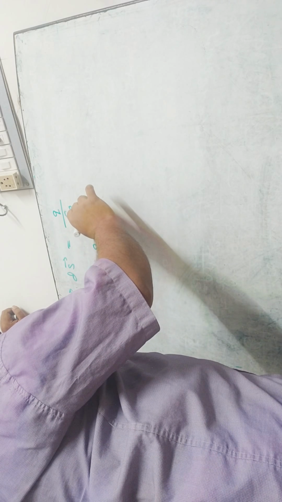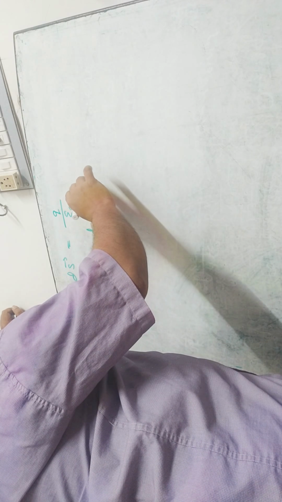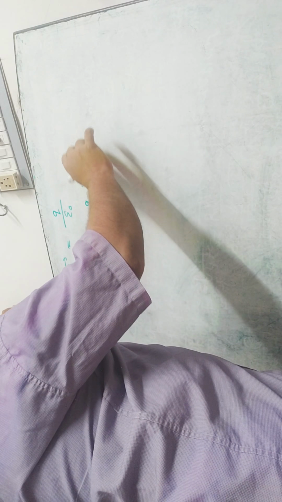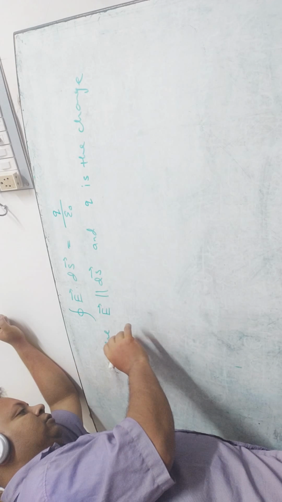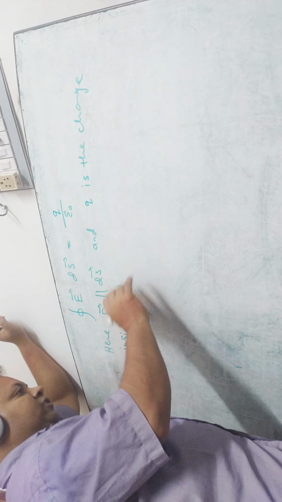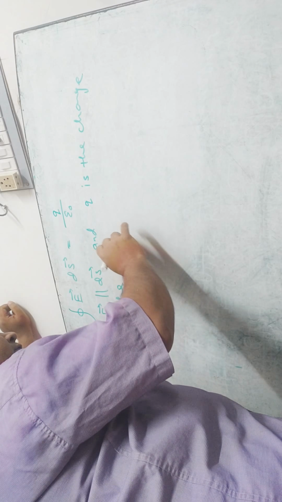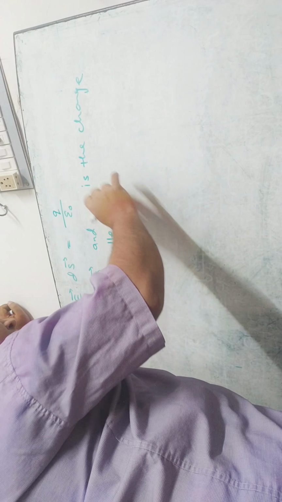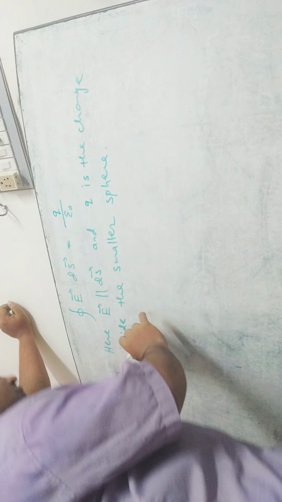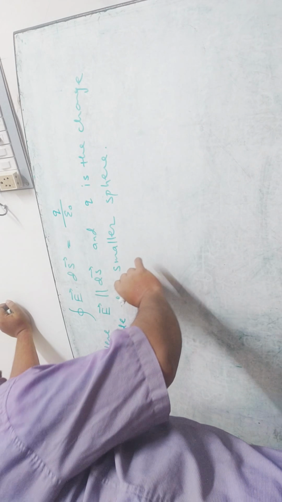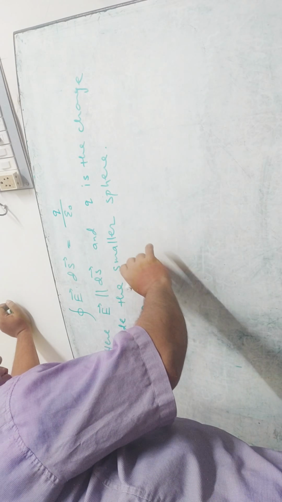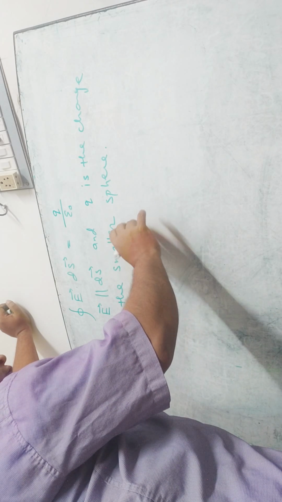Small q is the charge inside the smaller sphere. Therefore, small q is equal to 4 by 3 pi small r cube into rho.